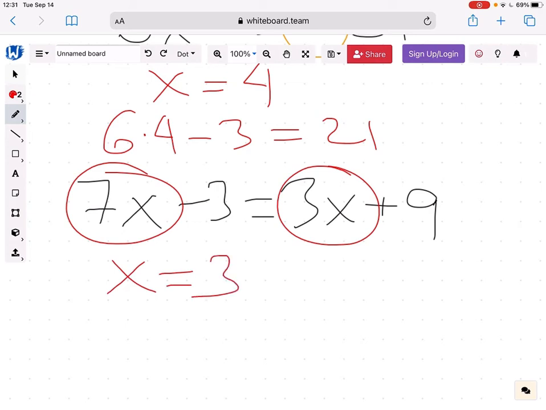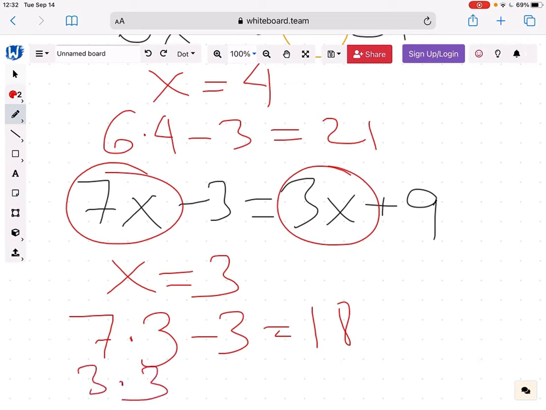Because if you look at the left-hand side, if we take 7 times 3 and subtract 3, we get 18. If you look at the right-hand side, 3 times x is 3, plus 9, we also get 18. So the left-hand side is equal to the right-hand side when x equals 3.